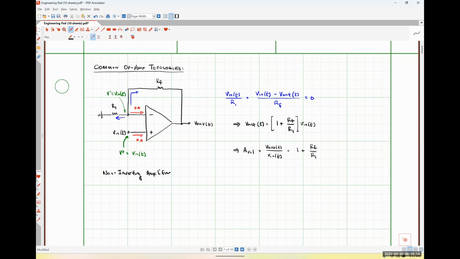So if we look at this closed loop voltage gain, we can see some interesting things, at least I think. The smallest gain that this amplifier could ever provide is 1. When this particular configuration is providing a voltage gain of 1, that's what we would call a unity gain buffer. Unity gain buffers are a very frequently used op-amp circuit in applications where the sensor that we are trying to take a signal out of is incapable of driving a load.